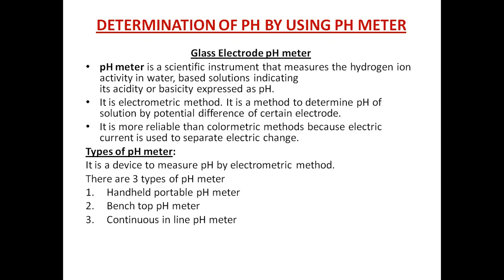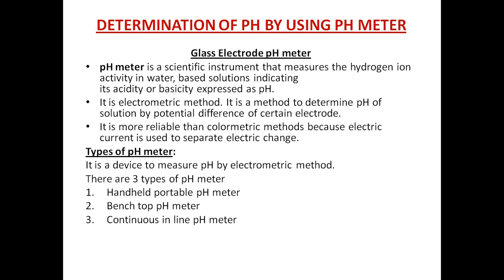A pH meter is a scientific instrument that measures the hydrogen ion activity in a water-based solution, indicating its acidity or basicity, which is expressed as pH. So the pH meter measures the difference in the electrical potential between a pH electrode and a reference electrode, and so it is sometimes referred to as a potentiometric pH meter.